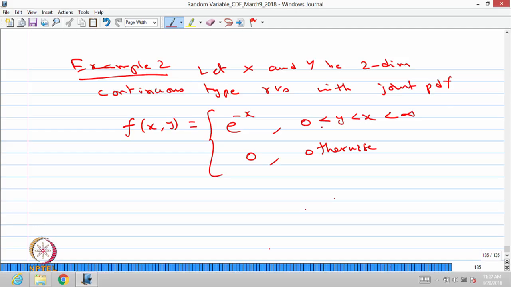That means if you visualize the graphical representation of this joint probability density function, x axis, y axis and z axis, joint probability density function. So y lies between 0 to x, you can make it equal also, that means y is equal to 0 and y is equal to x.